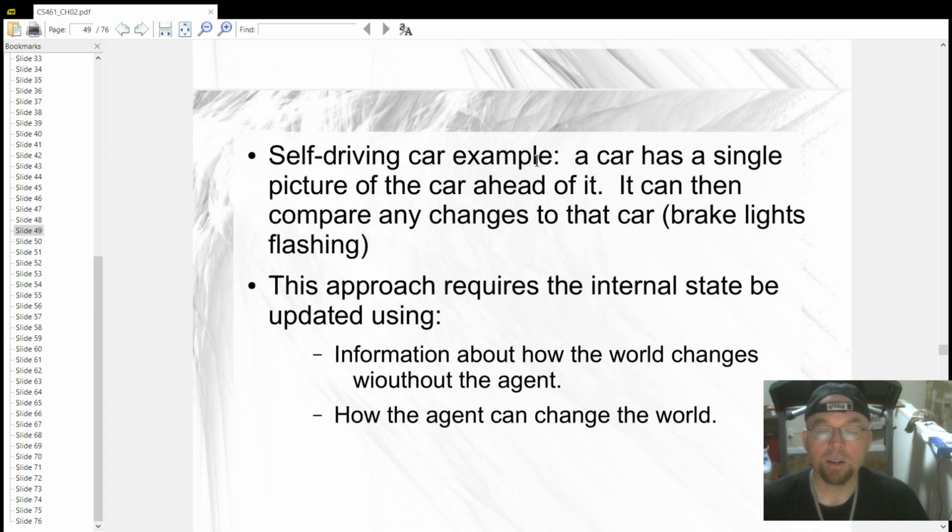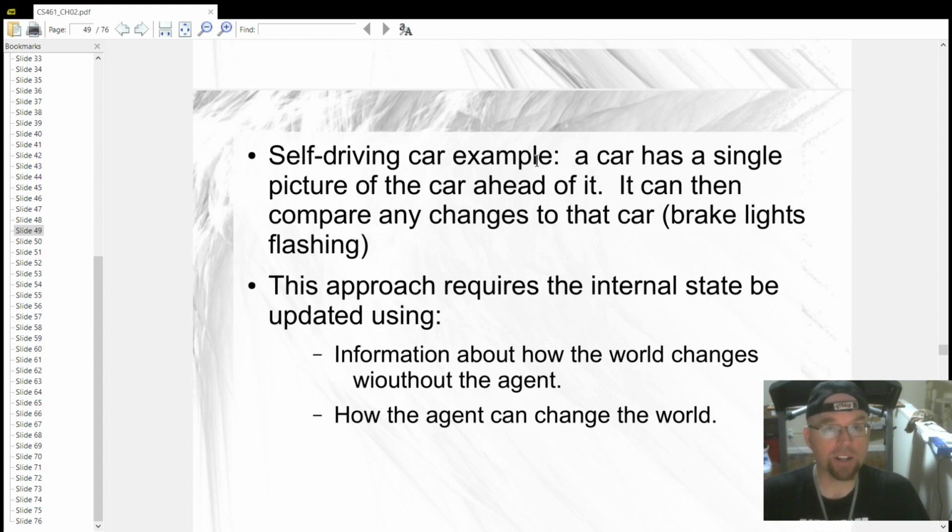So how? The agent has to have information about how the environment can change without the agent's knowing. How the world changes without the agent. So how does the world behave?